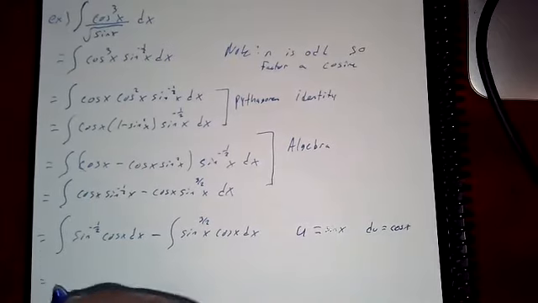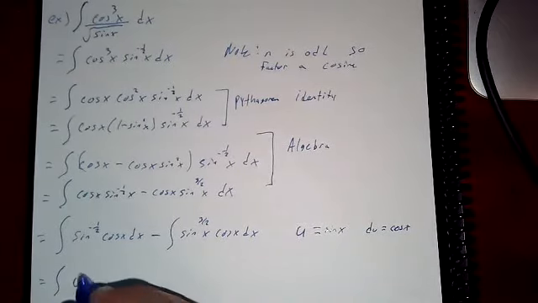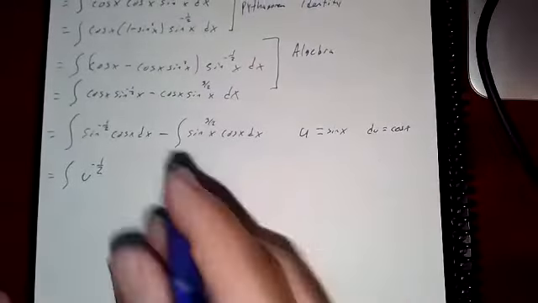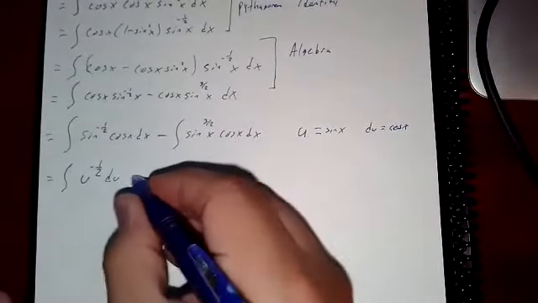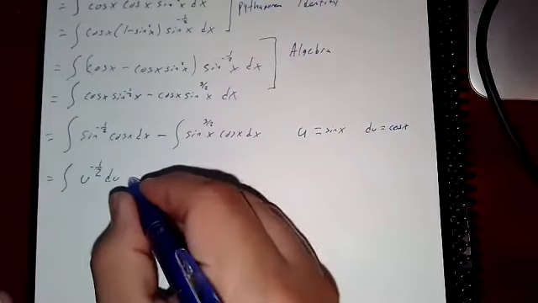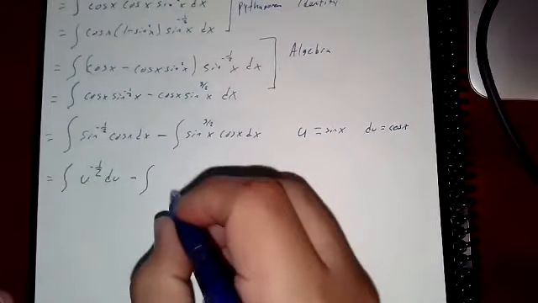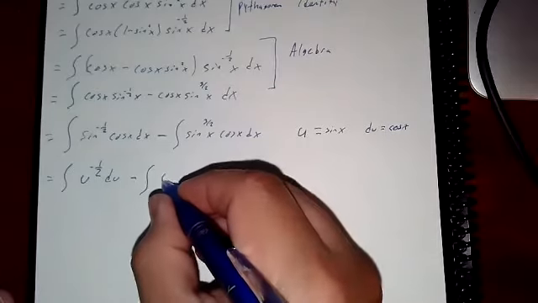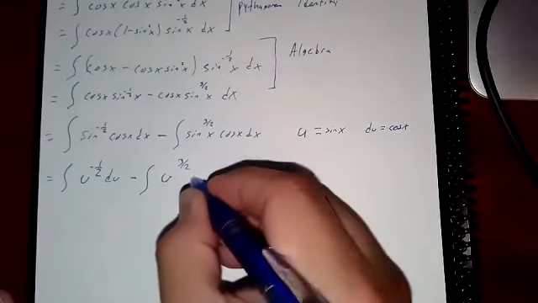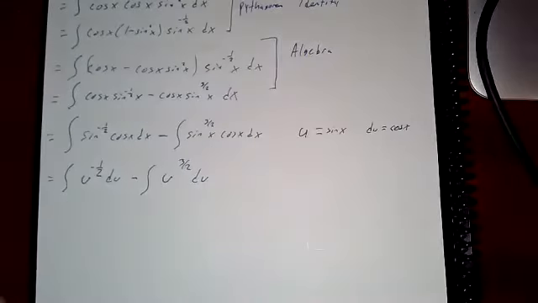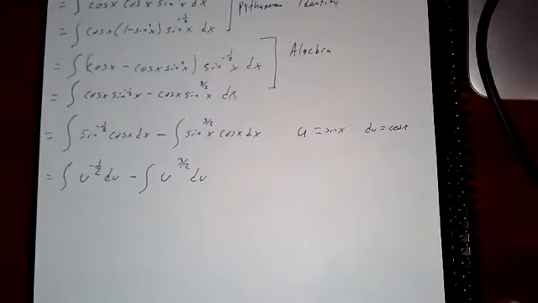So this will be u to the negative half du minus u to the 3/2 du. So now that's something you guys have done before, right?